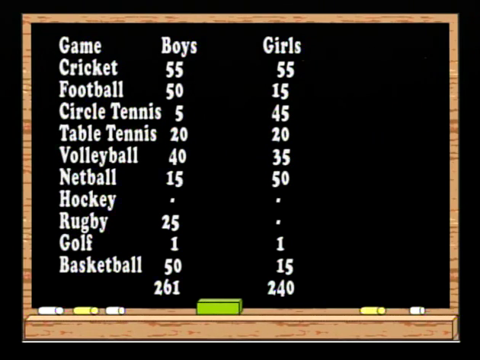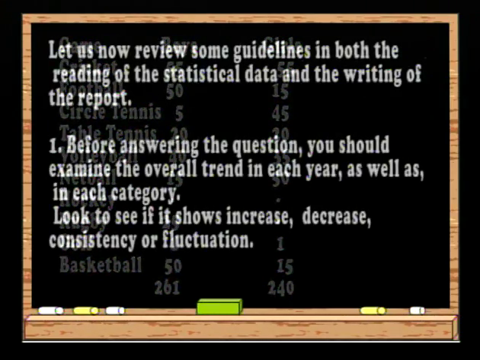An equal number of boys participated in both basketball and football. The pattern was the same for the girls, even though their numbers in these two games were significantly lower than that of the boys. Boys outnumbered the girls in 4 games, while girls outnumbered the boys in 3 games.